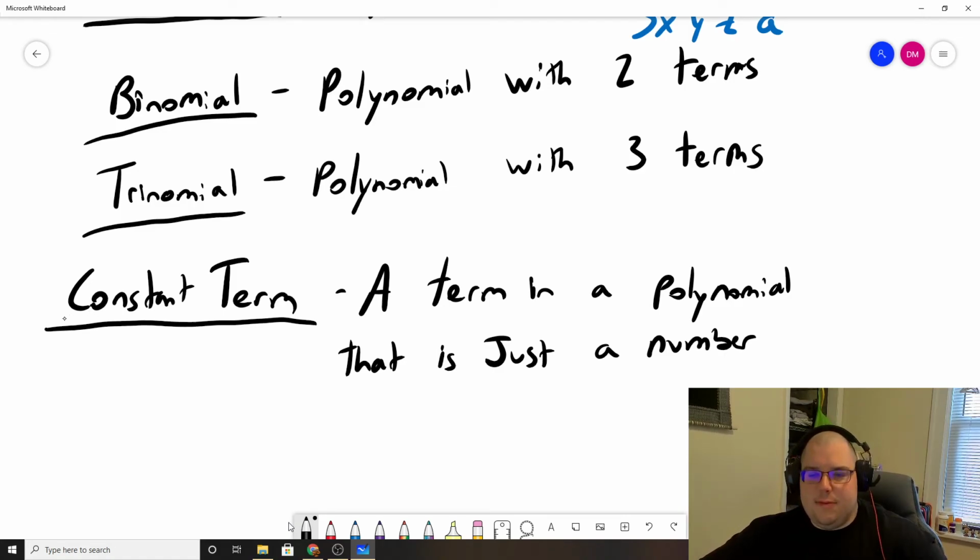In fact, in math, the word constant means number. So anytime you hear something is a constant, it means it's a number. Anytime that word is thrown around, they mean number.